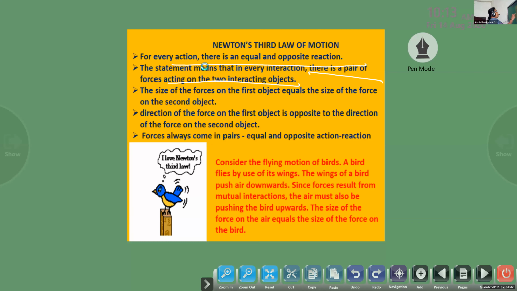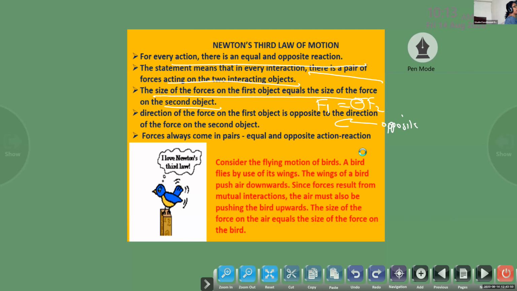Now the third significance point is that the size of the force on the first object equals the size of the force on the second object. So usually we write, if the force on the first object is F1, the second we write as minus F2. The minus sign indicates it is in the opposite direction of the first force.